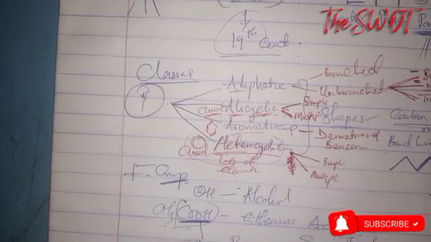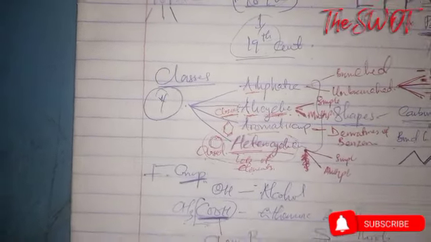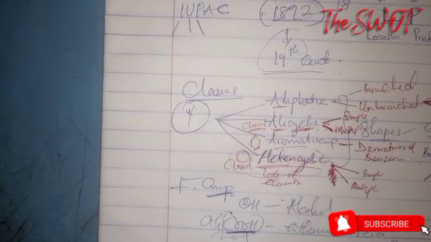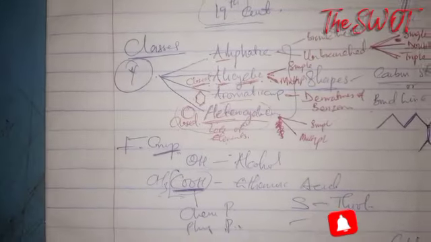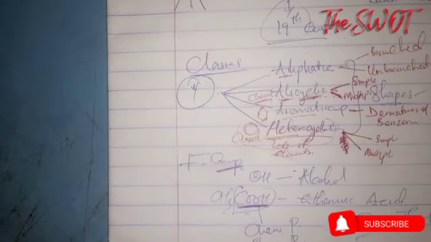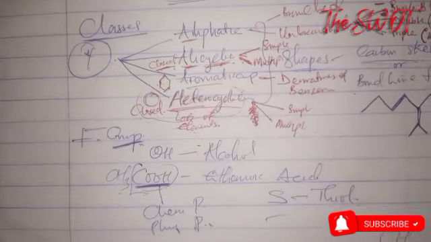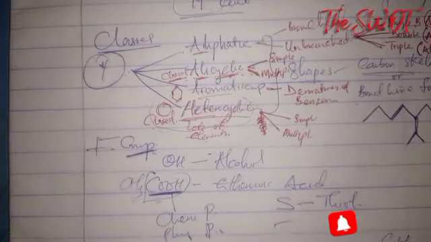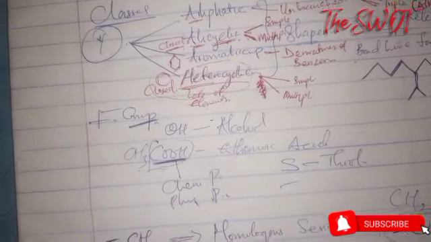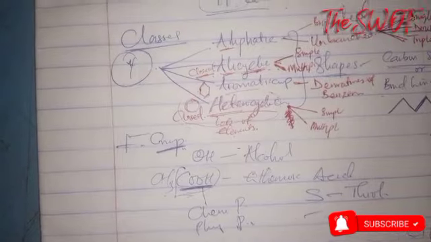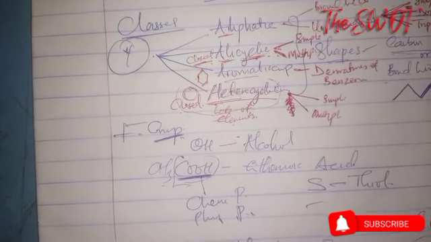Heterocyclic, they consist of a closed ring of carbons, which can consist of different elements like nitrogen, oxygen, and the likes. Their bonds can also be simple or multiple. So those are just what we need to know in establishing the introduction of organic compounds.